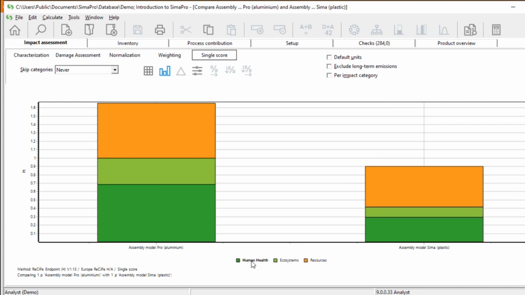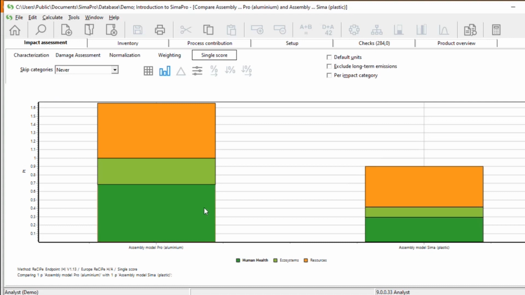Here we can see that in human health, ecosystem and resources, in all three categories, this Model Pro made of aluminum has more environmental burden. Again, I repeat, this Model Pro made of aluminum has more environmental burden compared to Model Sima made of plastic and hot plate.